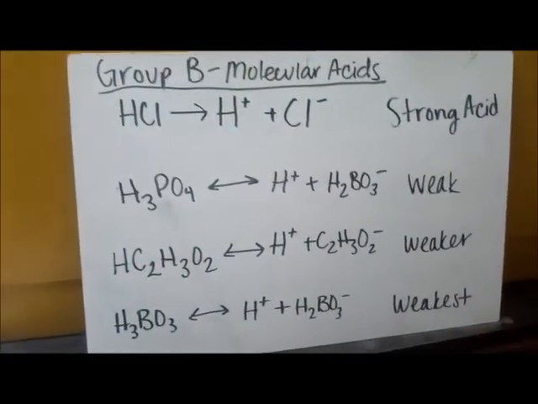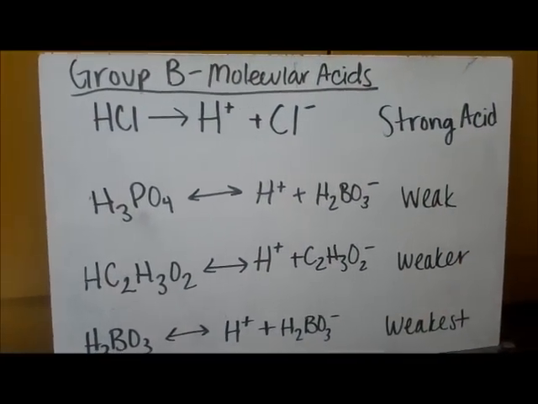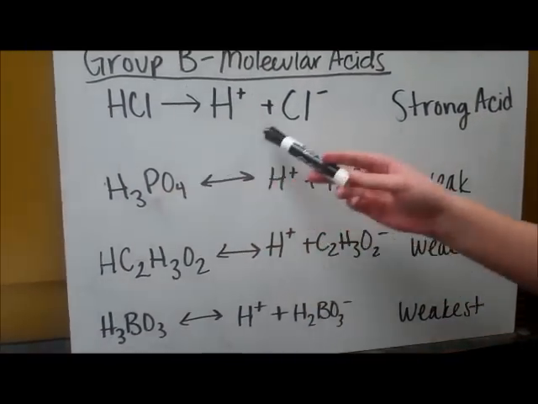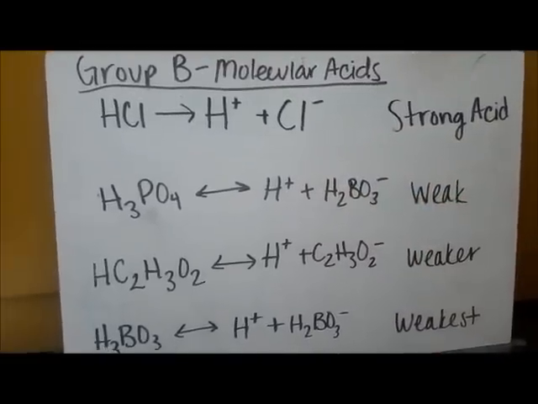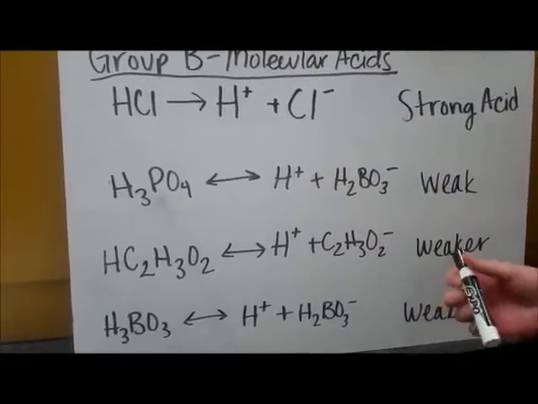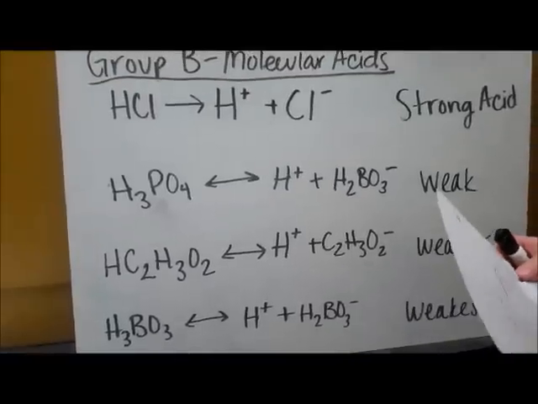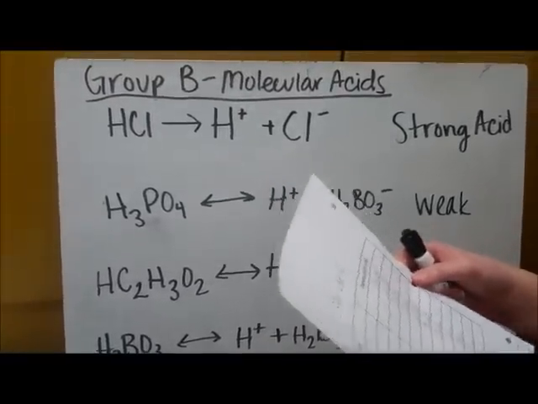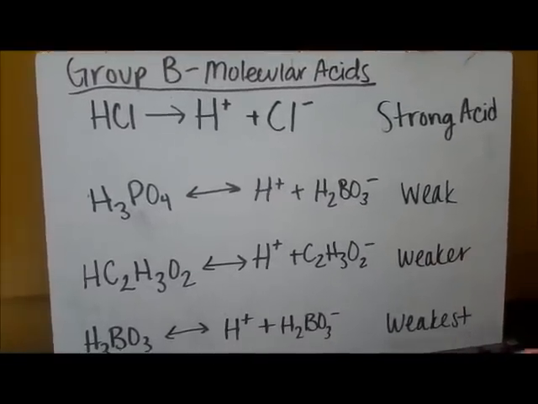The chemicals in group B were all classified as molecular acids. So HCl is considered a strong acid, which means that it completely dissociates in water. For this reason, the HCl had the highest conductivity value of the acids at 22,900.